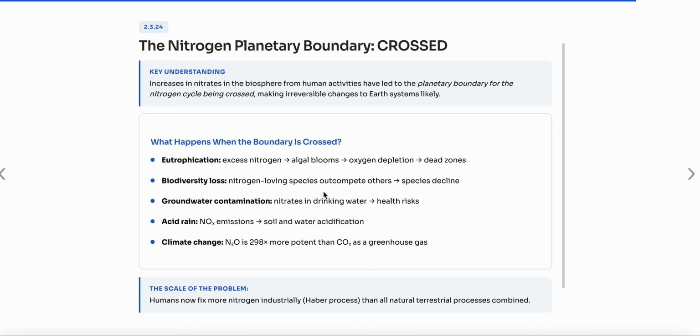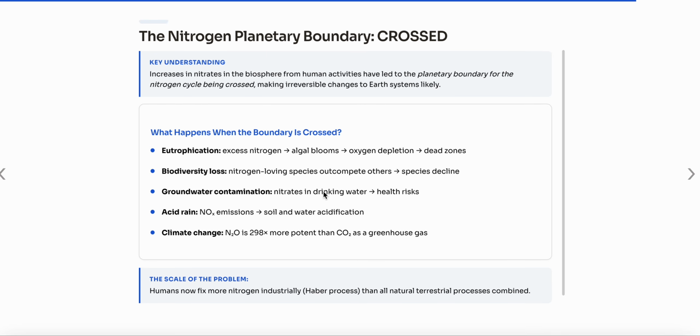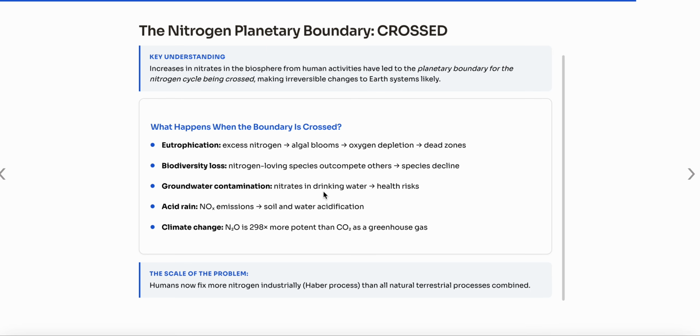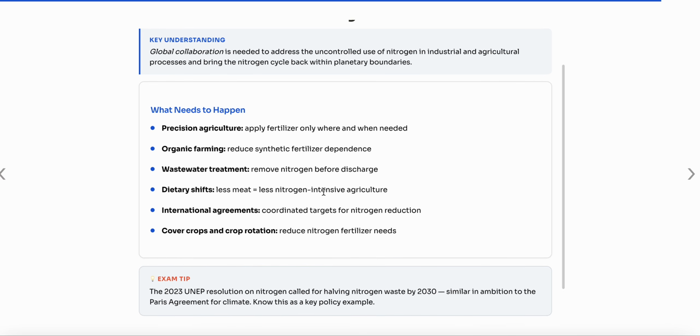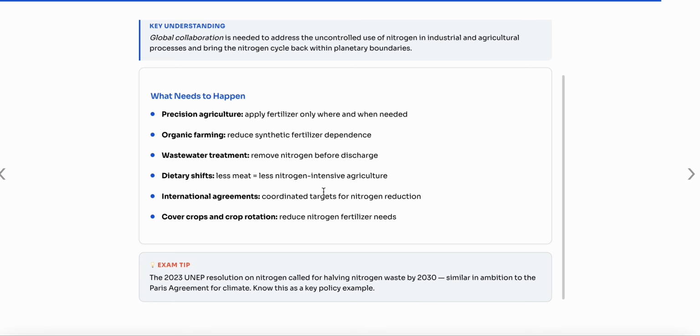It is an irreversible loss which is happening. Humans should be able to fix more nitrogen industrially. That's how it impacts, and that's why we need to do agriculture with precision.